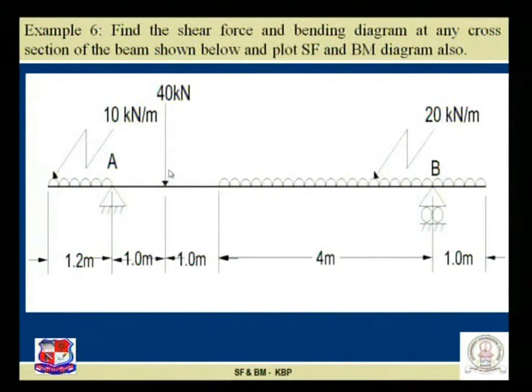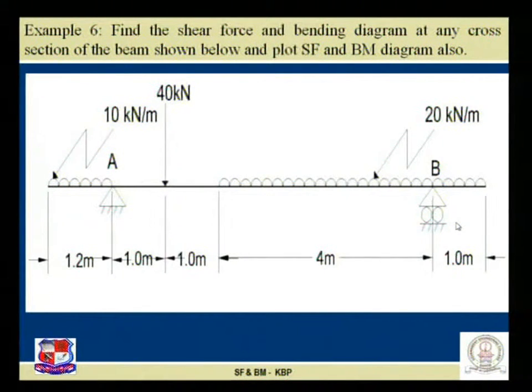But the important thing to note is that this is my support A. There will be some overhanging projection on the left side. This is my support B. There is some overhanging projection on the right side. So on both sides, overhanging projection is there. This is known as a two-way overhanging beam.